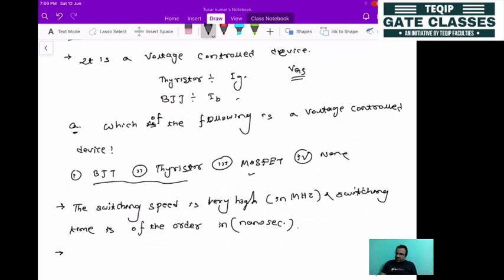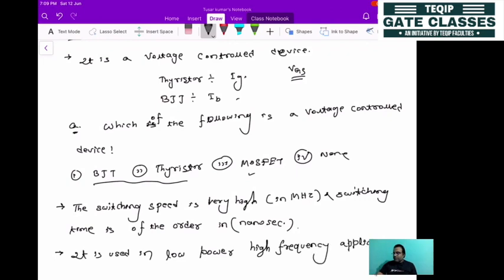The next point, if you write down, is application. It is used in low power, high frequency applications. So at your home you might have an inverter, a domestic inverter that you are using.